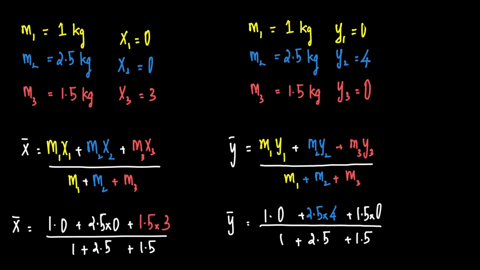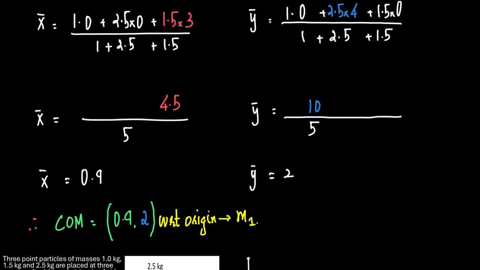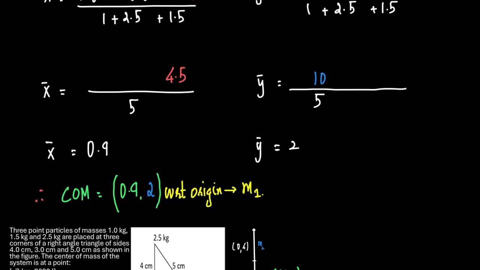Now, similarly, what would be y bar? m1 y1 plus m2 y2 plus m3 y3. So m1 y1, 1 into 0, 0; 1.5 into 0, 0; 2.5 into 4 is 10, and therefore what we get is x bar is equal to 0.9 and y bar is equal to 2.